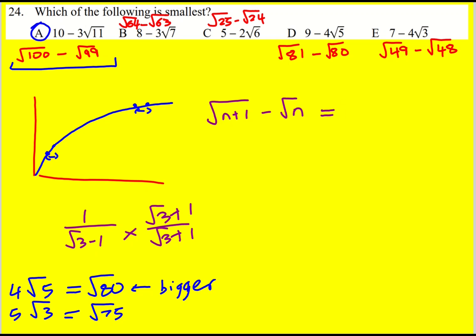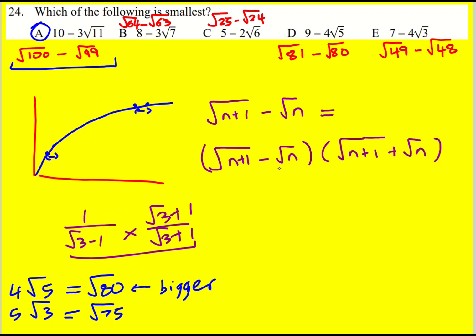We can actually rationalize the numerator. So what I can do is take root n plus 1 minus root n and times it by root n plus 1 plus root n, but then it's all over root n plus 1 plus root n. I'm just going to change the sign exactly like I did over here. It's not any different really.